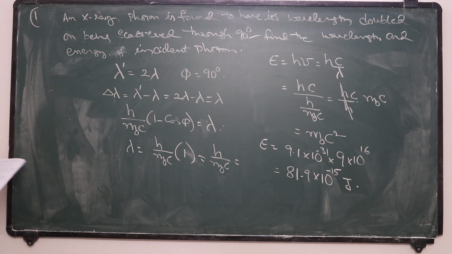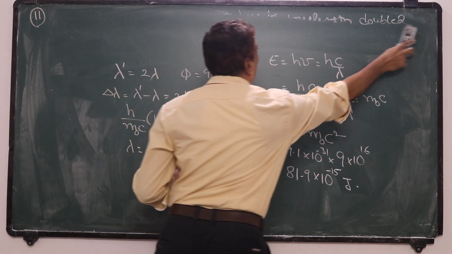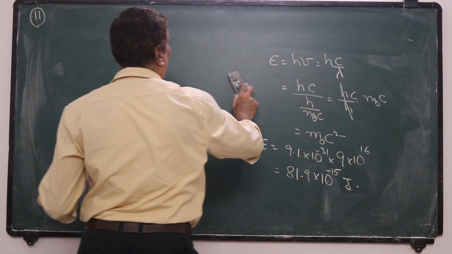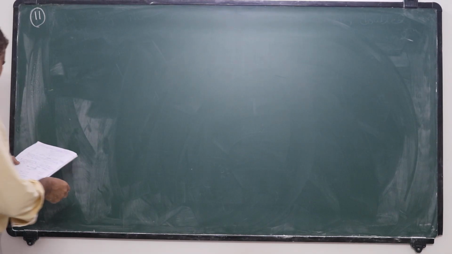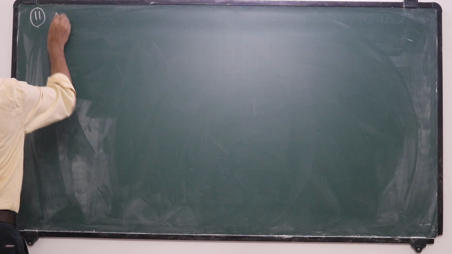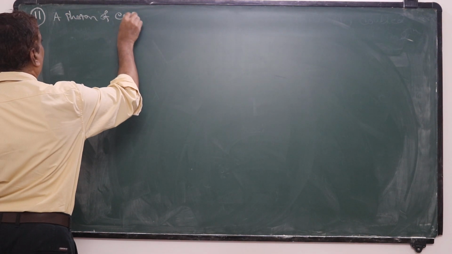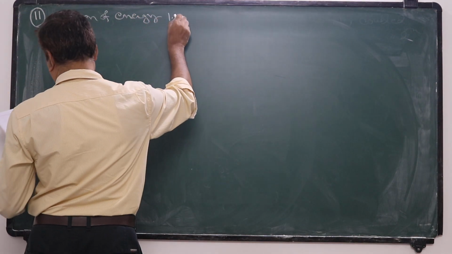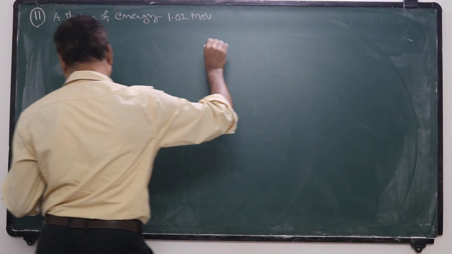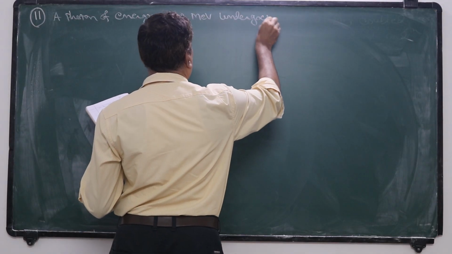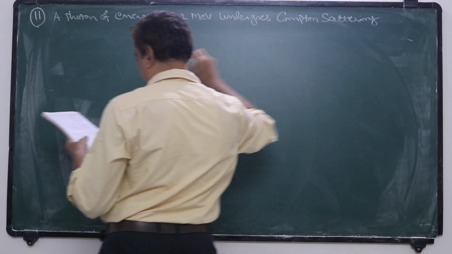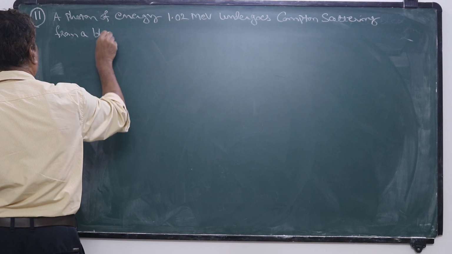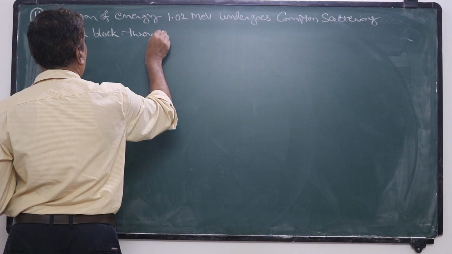Now the 11th one, a photon of energy 1.02 mega electron volt undergoes Compton scattering from a block through 180 degree.